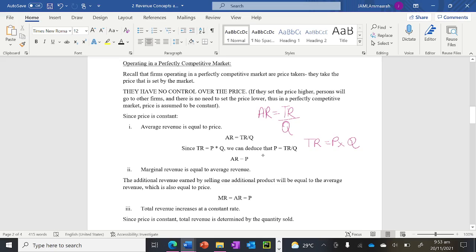We can change the subject of the formula to P equals TR on Q. And basically this here is the same as this here. So we can then say that the average revenue is equal to the price.